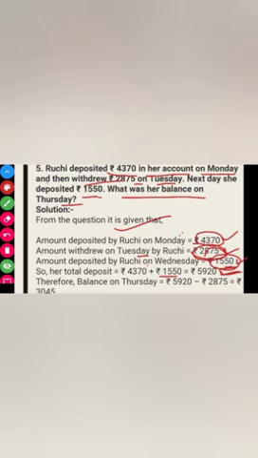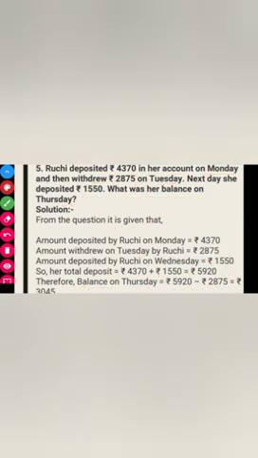Okay, so therefore the balance on Thursday will be total deposited amount minus withdrawn amount. Okay, so that will be 3,075 rupees. I hope it is clear. So students, now you can do the remaining questions of exercise 1.1 by yourself. If you have doubts, you can ask your respective math teacher.